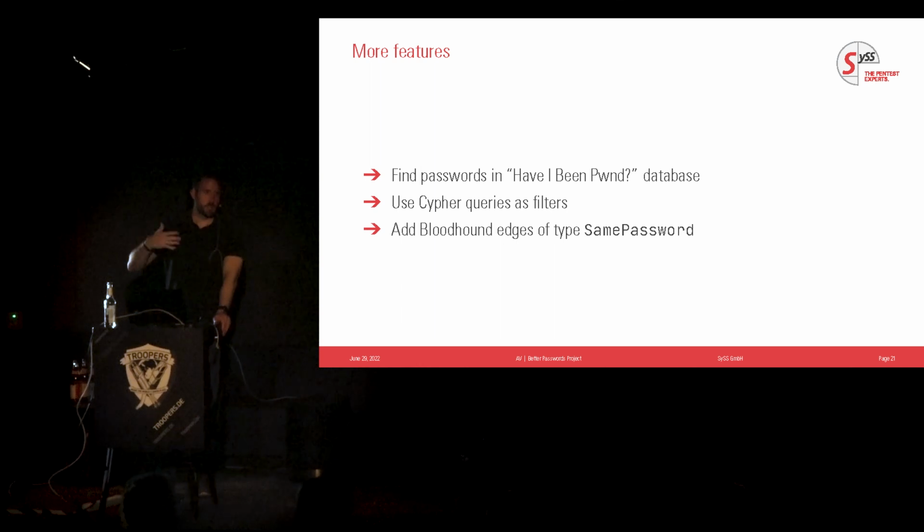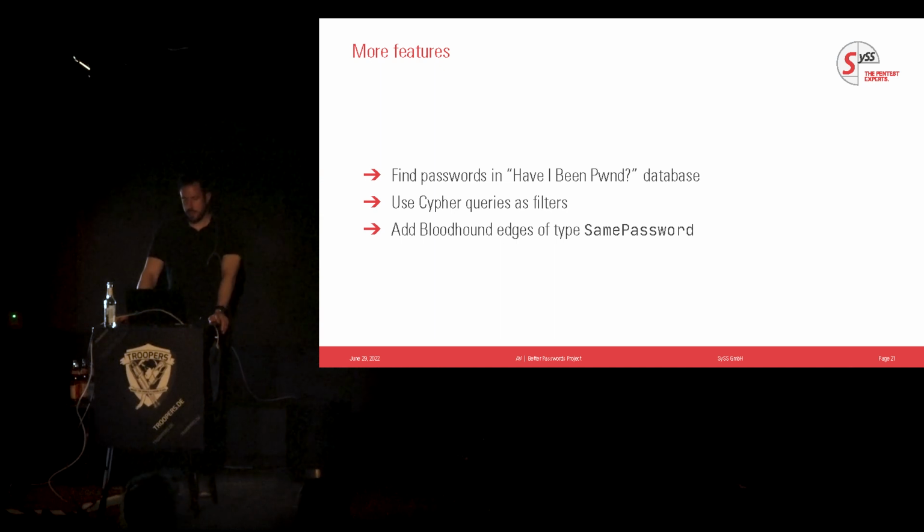So you can generate the same reports, but say only for accounts that are Kerberoastable, or only accounts that are domain admins, or only accounts that are in high-value groups, or only accounts that contain ADM underscore or something like this in their name. And thirdly, Hashcat Helper can also add new edges to your BloodHound database.